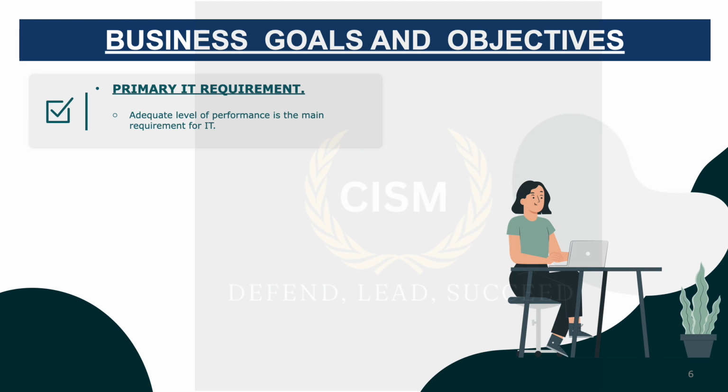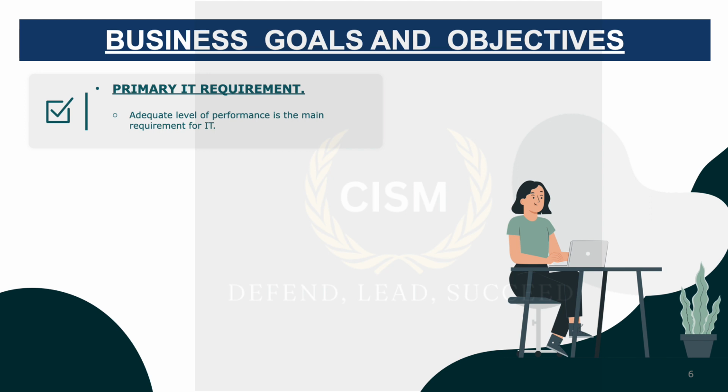This encompasses the ability of IT systems, services, and infrastructure to meet defined standards, fulfill user expectations, and contribute effectively to the organization's overall objectives. Achieving and maintaining a satisfactory level of performance is fundamental for the success and functionality of IT within an enterprise.